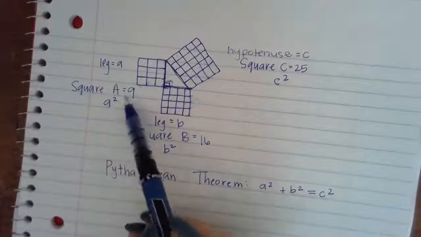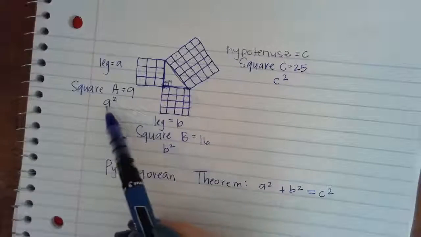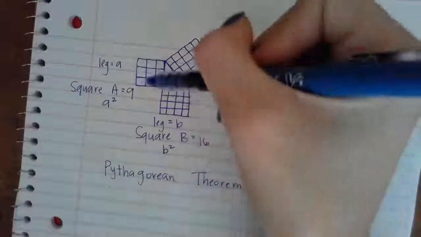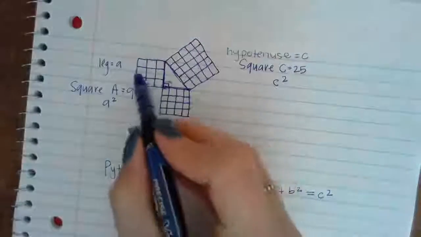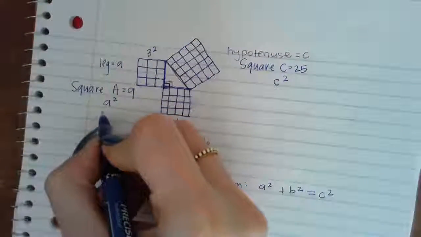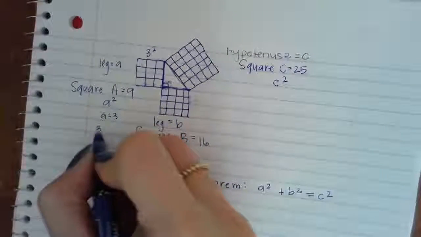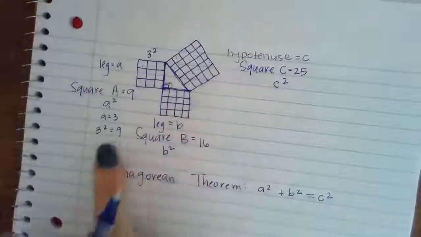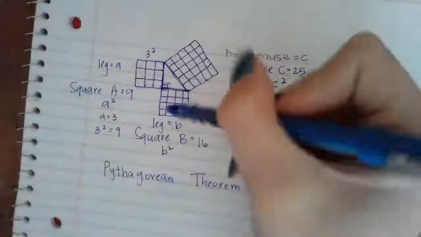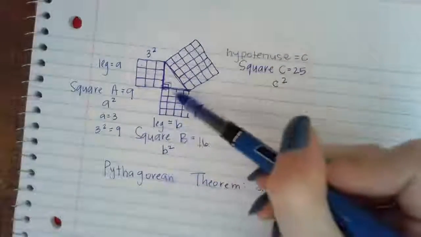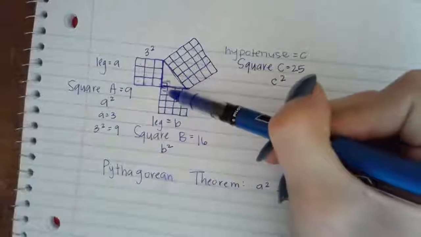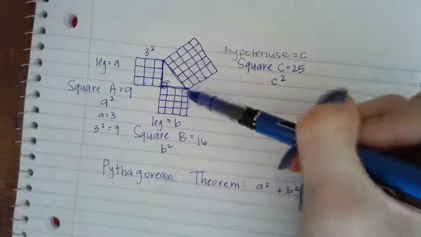So what that means is this 9, it's not 9 squared, but rather it's 1, 2, 3 by 1, 2, 3. So 3 squared, where A is equal to 3, where we have 3 squared is equal to 9. Same here, if we look at our square B, we have a 1, 2, 3, 4 by 1, 2, 3, 4.